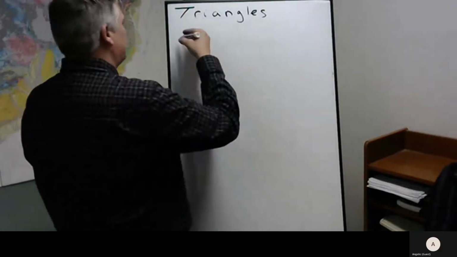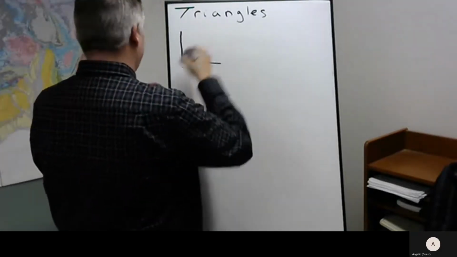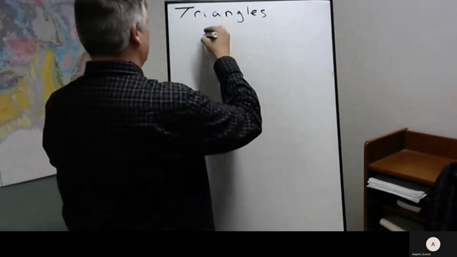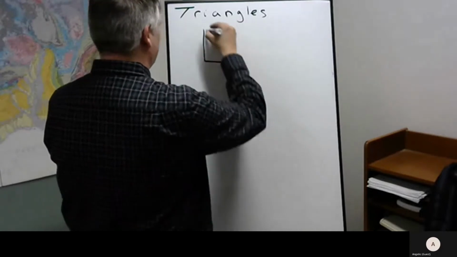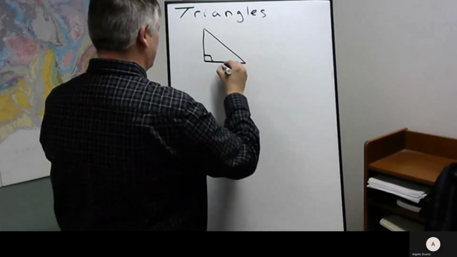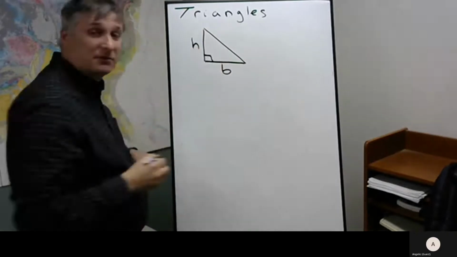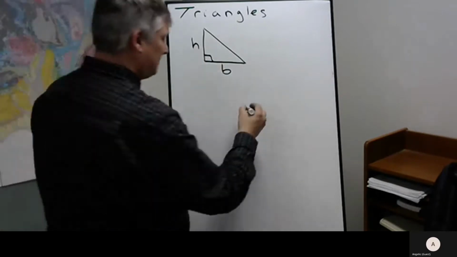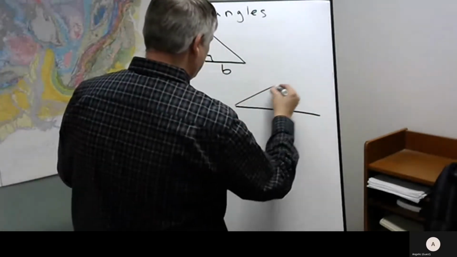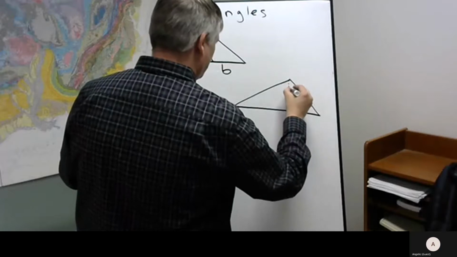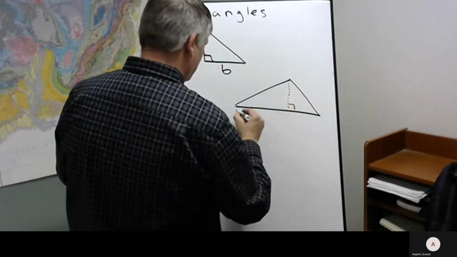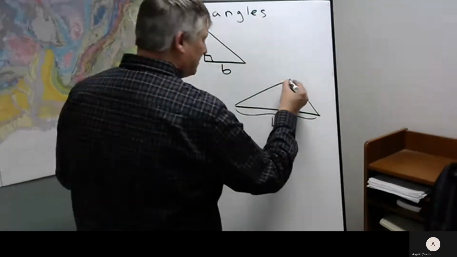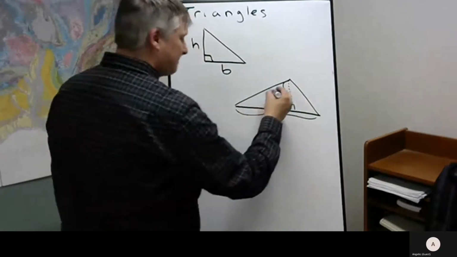So you could have something like this. I'm going to give you a little more room. There's the base, and there's the height. That's a 90-degree angle there. Or you can have a triangle like this. Here's the base, and this time the height is on the inside.